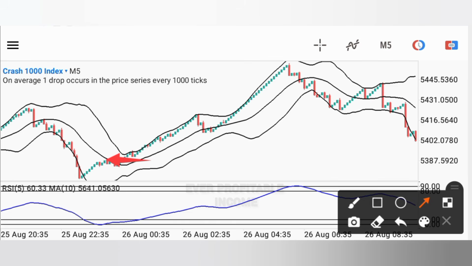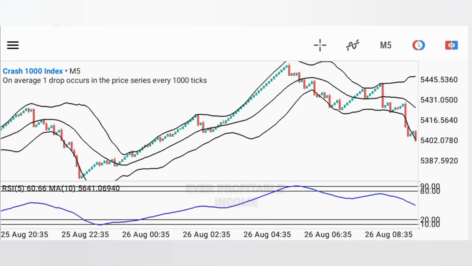If you have checked for other conditions that can make you hold the trade longer, then you can wait till price hits the upper band and then take your profit. You can combine this with further price action to know how far you can hold on to your trade. So that is how this strategy works on crash.